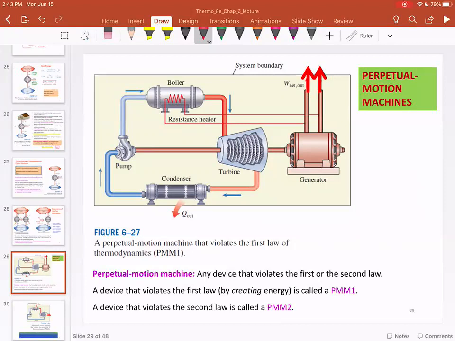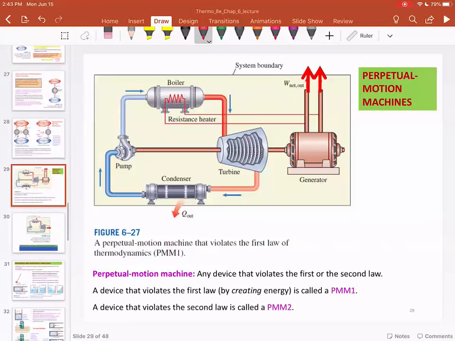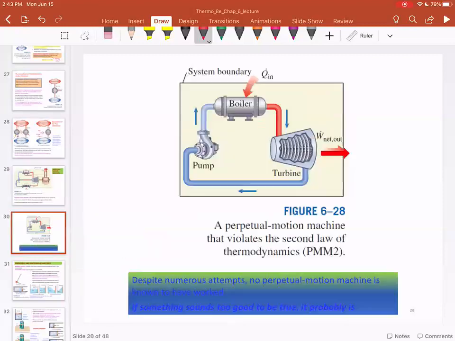So again, these two machines are perpetual motion machines. These are purely hypothetical and they are not possible in actual practice. So this is like a perpetual motion machine of the second kind. In other words, you can think about it as something like you connect a turbine to the pump.